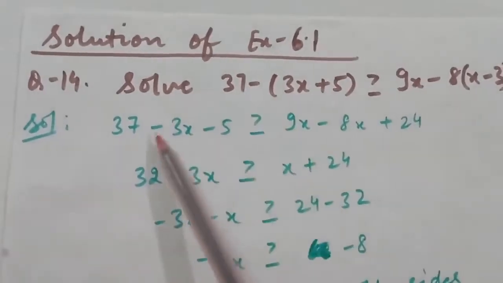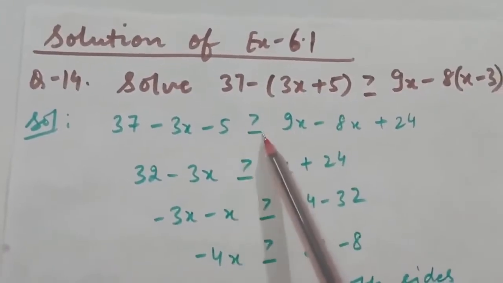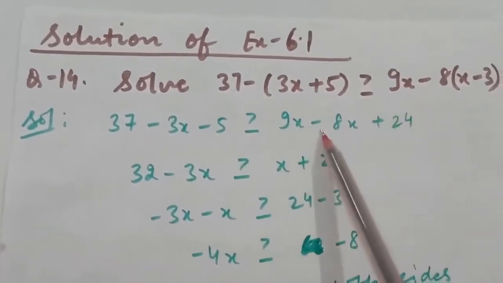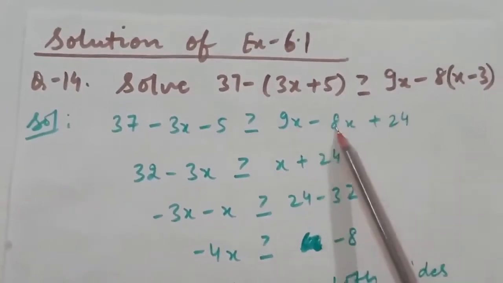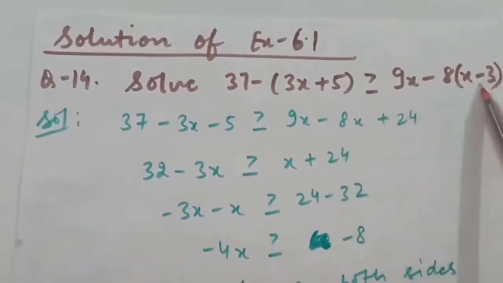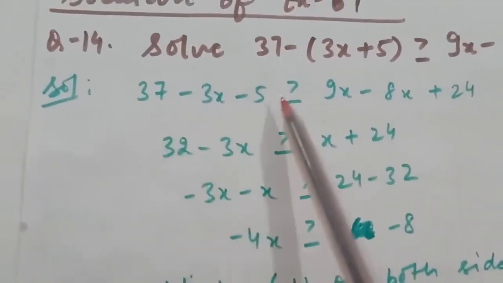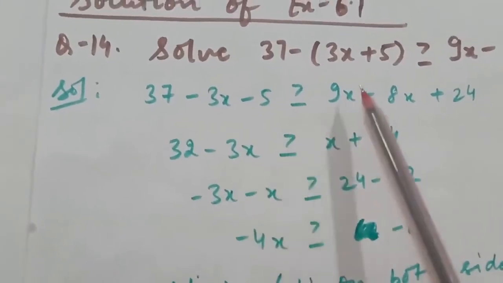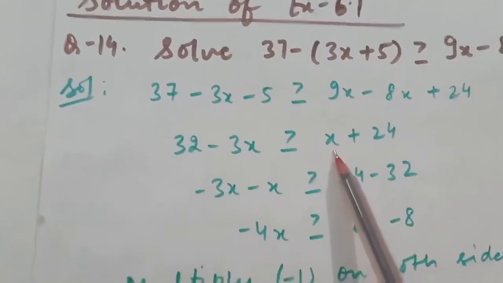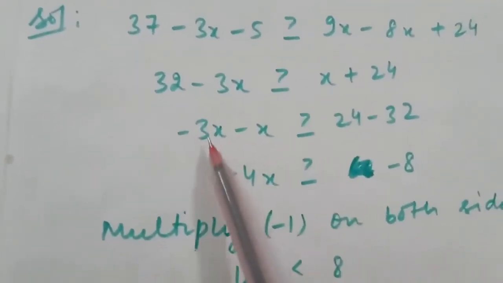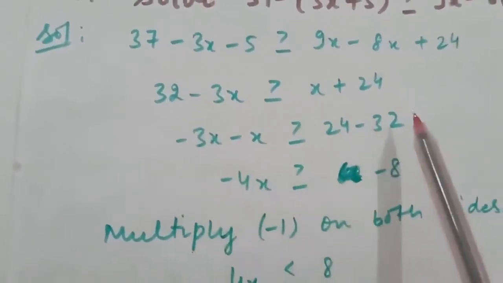So it will be 37 minus 3x minus 5 greater than or equal to 9x minus, multiply, minus 8 times x, that is minus 8x, and minus 8 times minus 3, which will be plus 24. Now this will be 32 minus 3x greater than or equal to x plus 24. Taking the terms of x to one side, it will be minus 3x minus x greater than or equal to 24 minus 32.